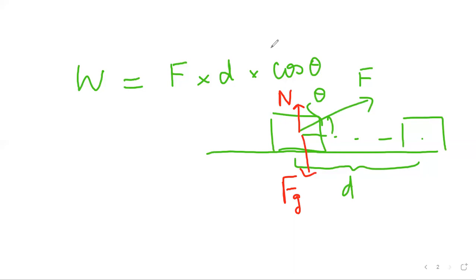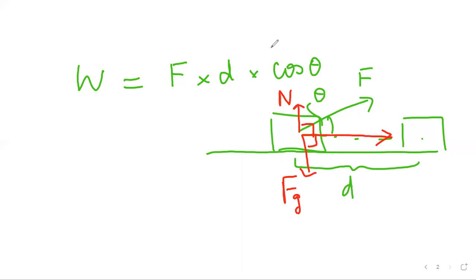But anyways, those two forces, the normal force and the weight, are perpendicular to the direction in which the displacement happens. When that happens, those two forces are not doing any work. So the condition for a force to do work is that the force has to be in the direction of displacement.